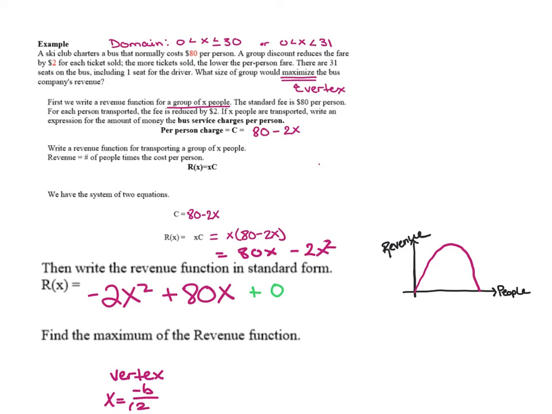So to find the vertex, we have x equals negative b over 2a. Our b is 80 and our a is negative 2. So if we plug those in, we get negative 80 over 2 times negative 2, or negative 80 over negative 4. So negative 80 divided by negative 4 is going to give us positive 20.